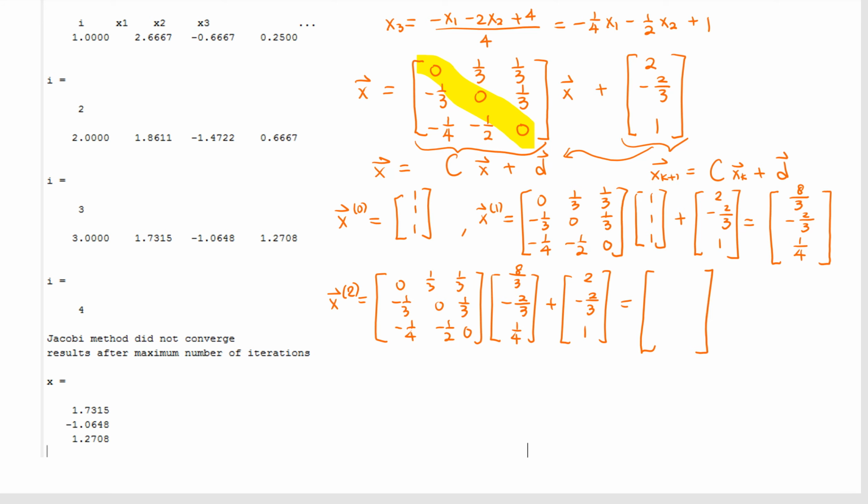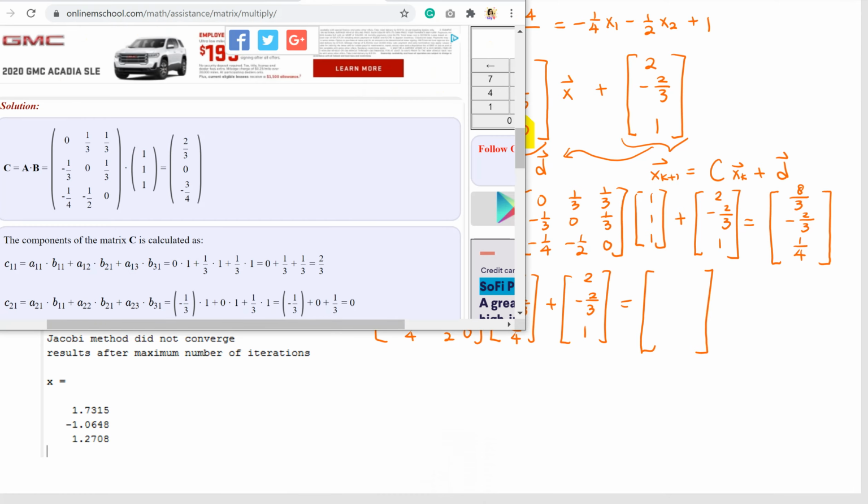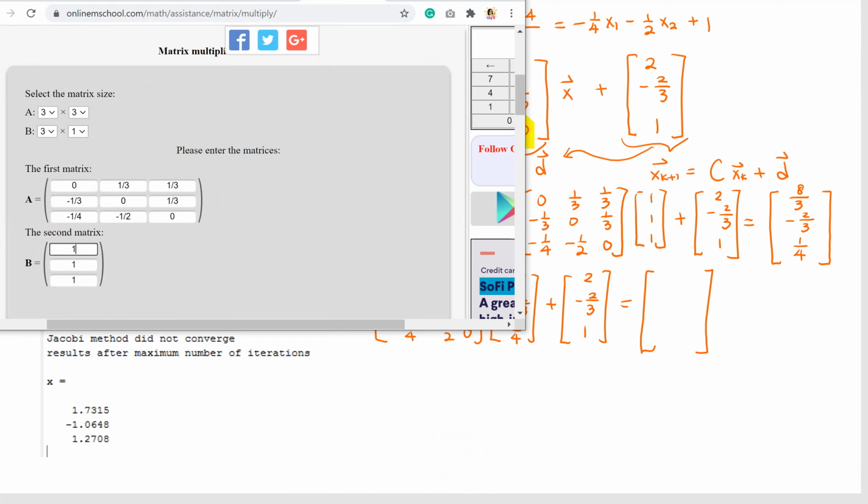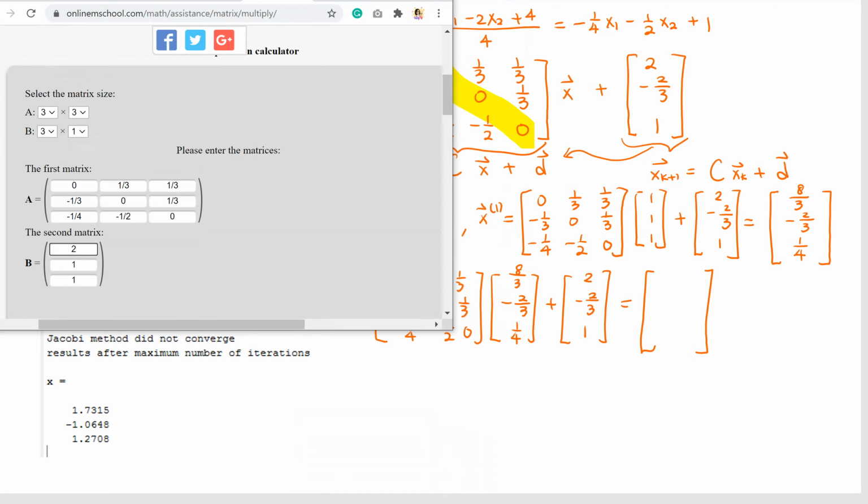Alright. So let's see. Now we change our vector to be 8/3, minus 2/3, 1/4.